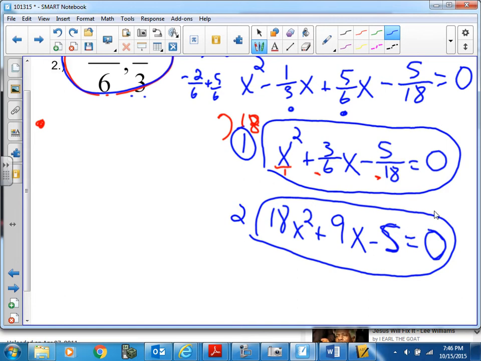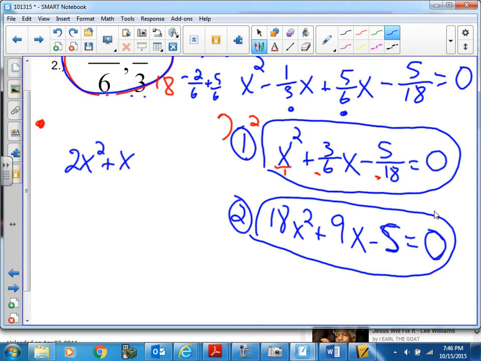Now let's just say you don't care about there being fractions. Well, you could have multiplied it by 2. So we have one equation, we have 2 equations. Let's say you would multiply the original one by 2. Then you'd end up with 2x squared plus x, because 2 times 3, 6 would be just 1.